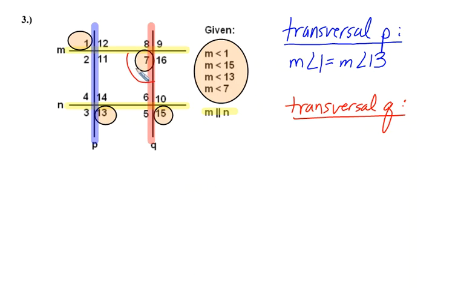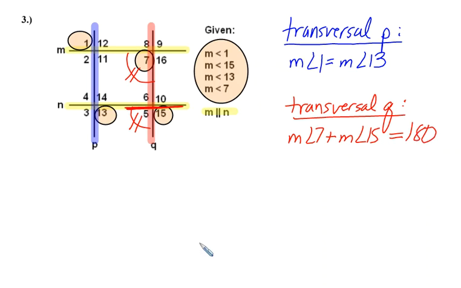However, angle 7 and angle 5 will be congruent because those two angles are corresponding angles formed by parallel lines. So angle 7 is really the same as angle 5. And since angles 5 and 15 form a straight line, we will be able to come up with the fact that the measure of angle 7 plus the measure of angle 15 is equal to 180 degrees.